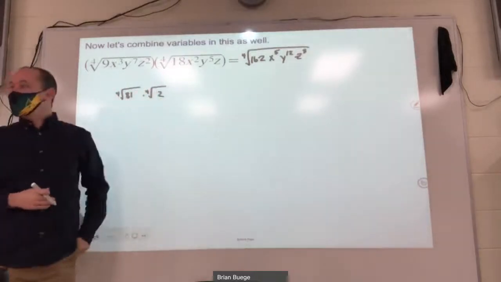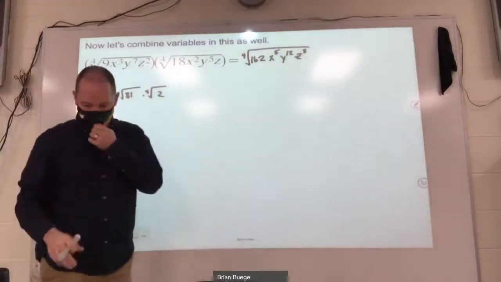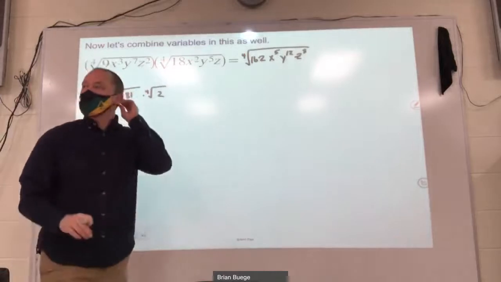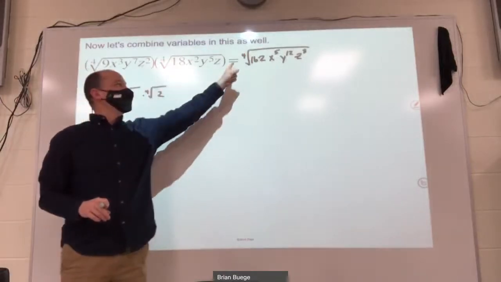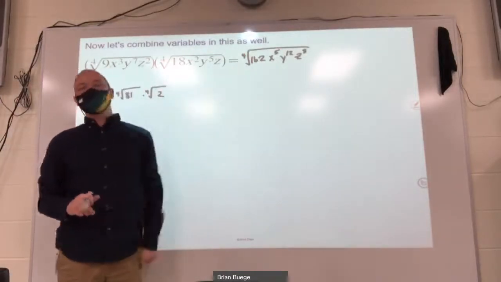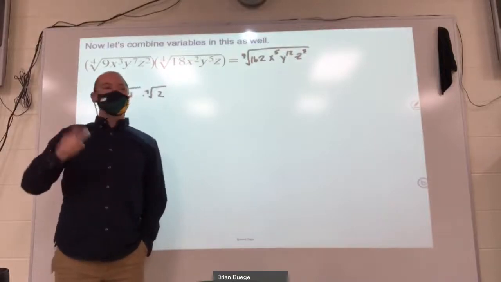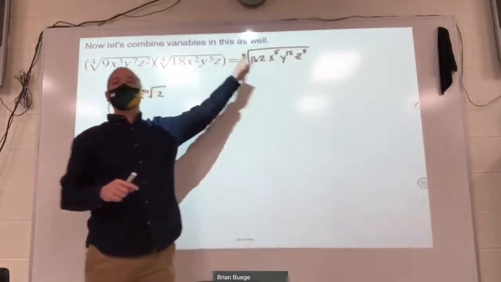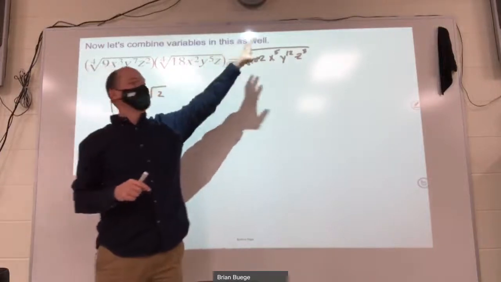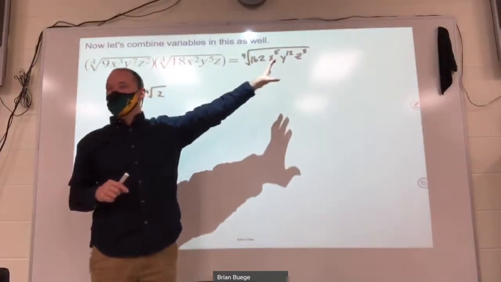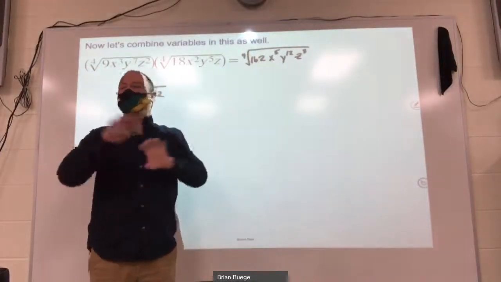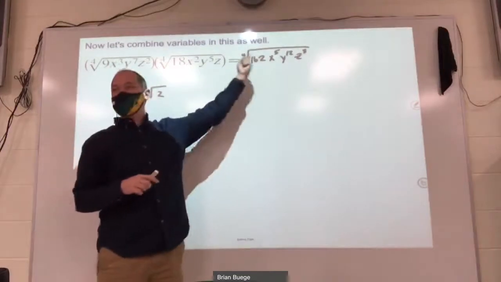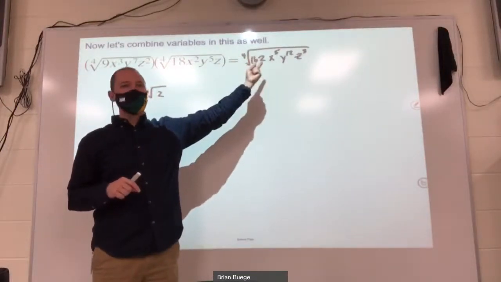Now I'm going to move to the x's. And here's one of the things I want to make sure I clarify from last week. So the fourth root, the idea is how many of these x's would come out of the radical and how many stay under the radical? How many come out and how many stay under? Remember last week we talked a little bit about long division?